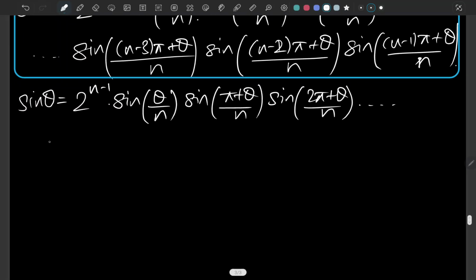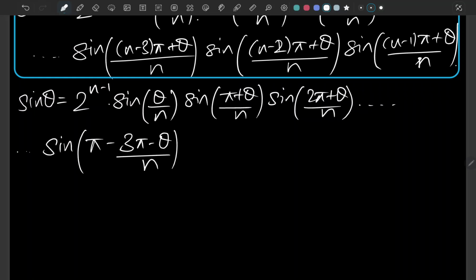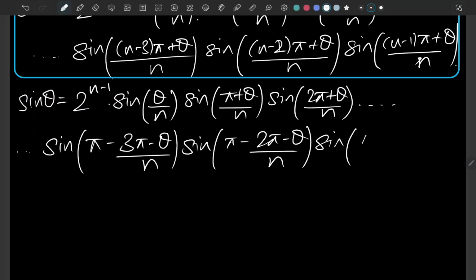We can write that argument as pi minus 3 pi minus theta over n. Then sine of pi minus 2 pi minus theta over n, and finally this can be replaced with pi minus theta over n. Yeah, it's fine.